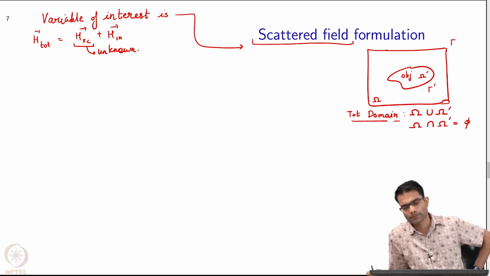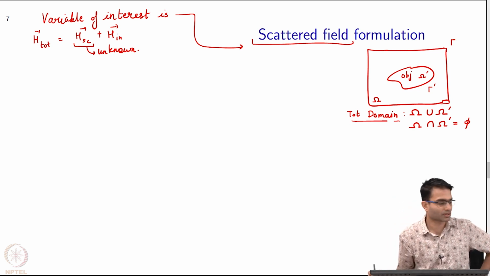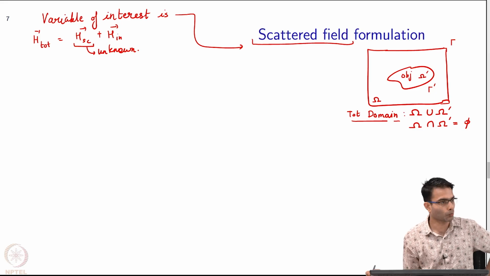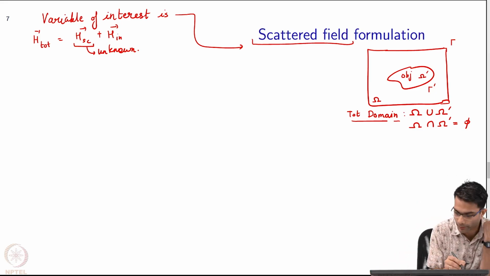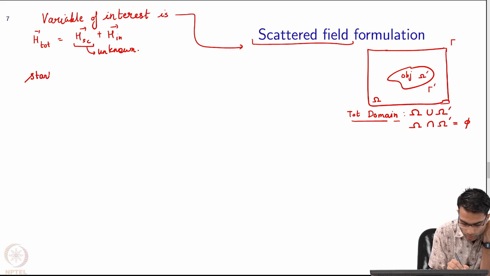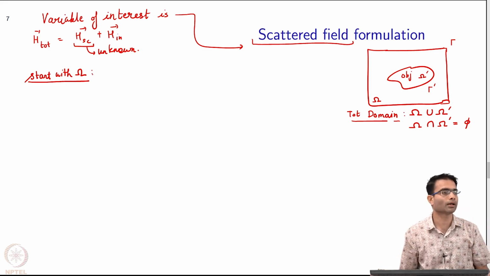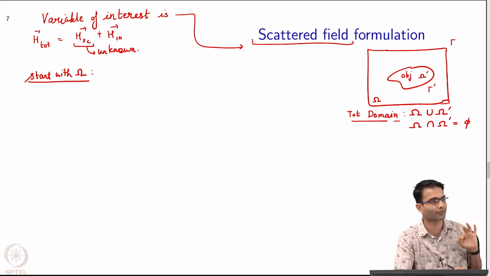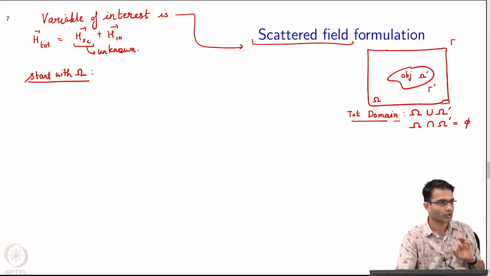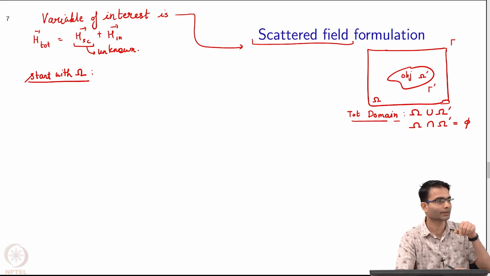Now that I have broken up this domain into two parts, let us start with omega. I can go back to my Maxwell's equations and repeat the same steps that I did for the weak form. What would change? On the right hand side, where I had one line integral or contour integral, I would have two.